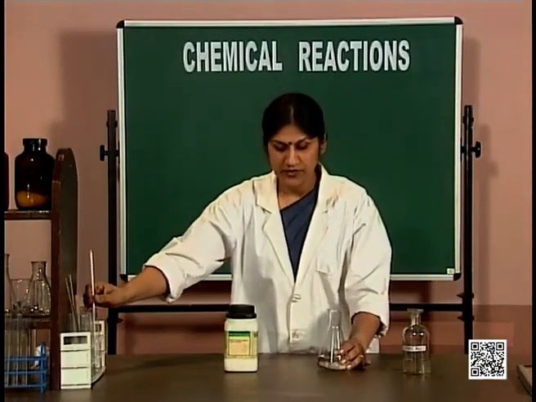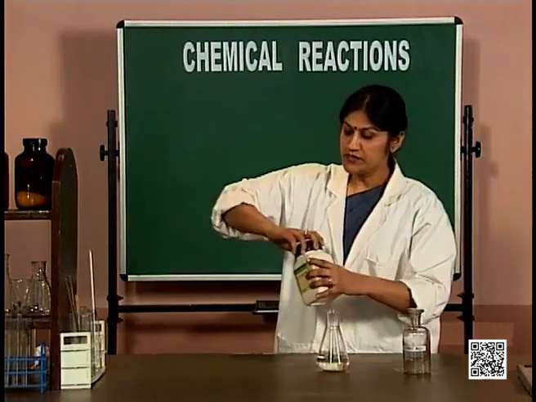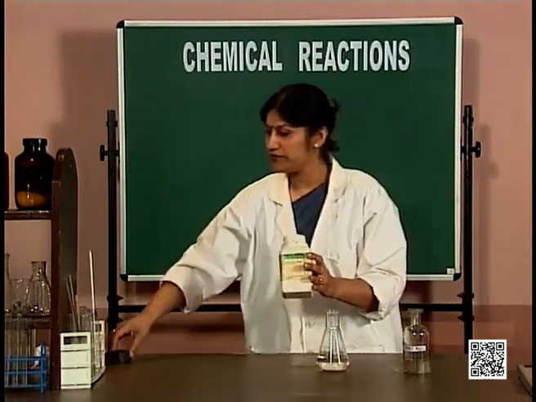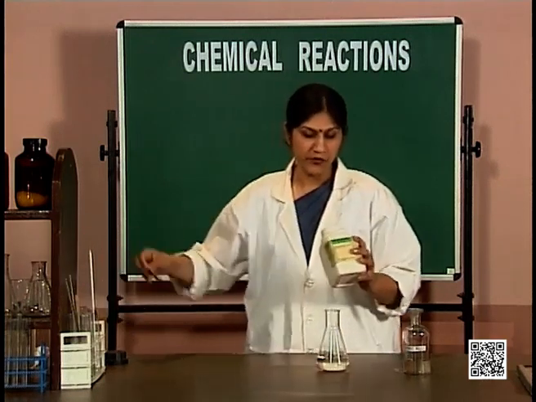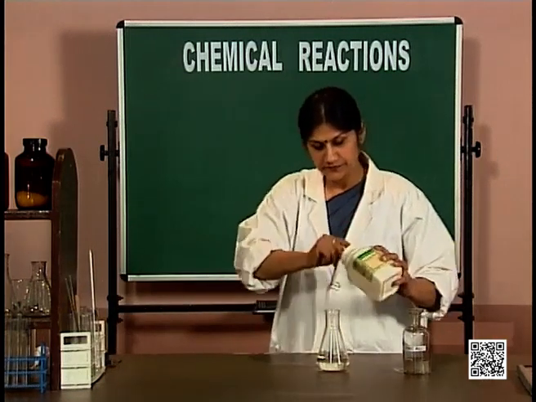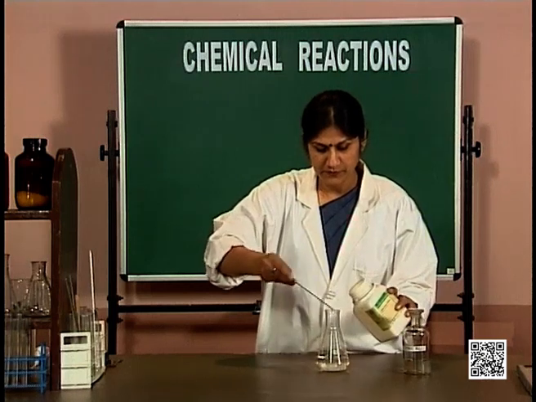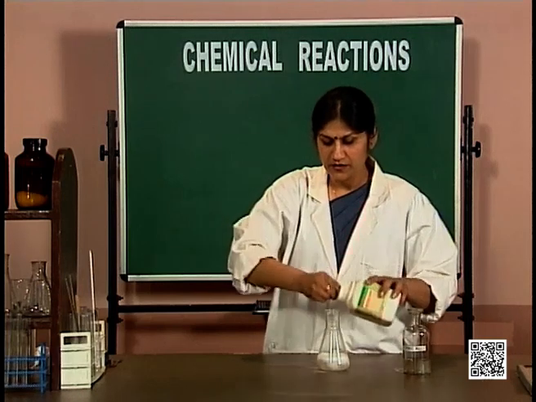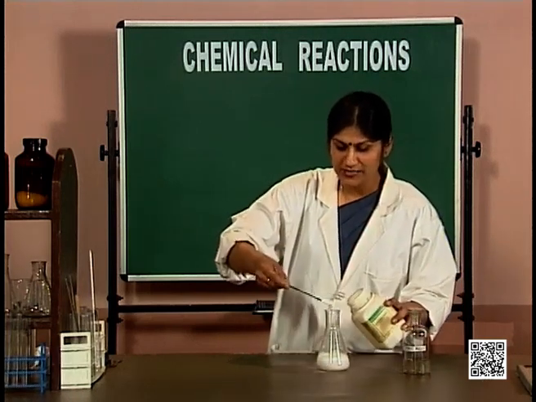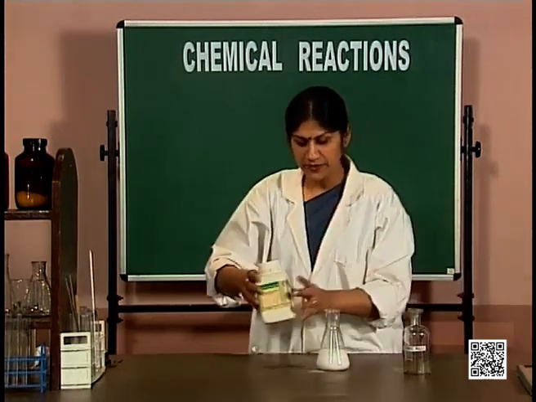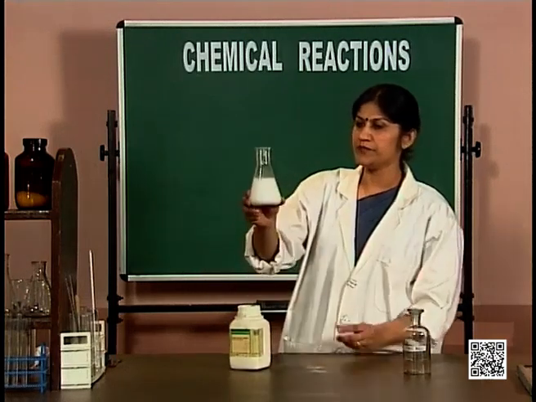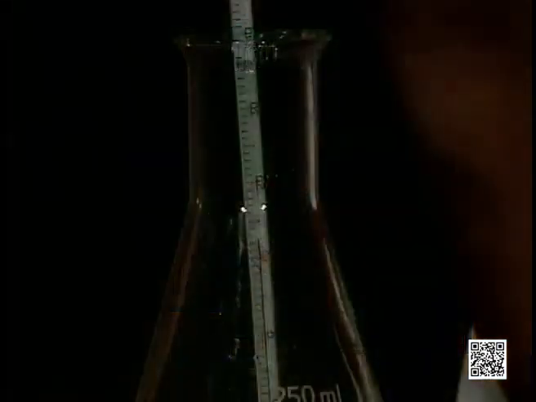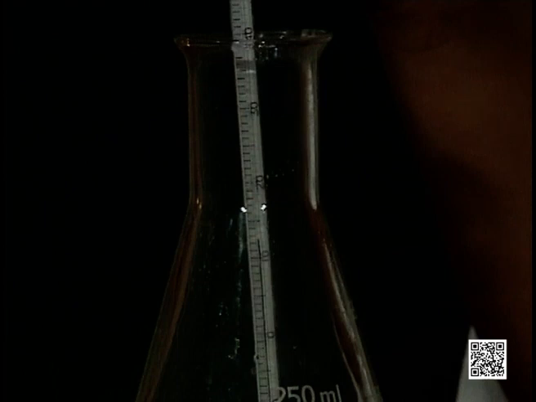And now let's add some baking soda, sodium bicarbonate, commonly used at our homes. Are you observing the reaction occurring? Brisk effervescence is coming out. And now let's also see what's the temperature. So we can say the temperature is 12.5 degrees Celsius.